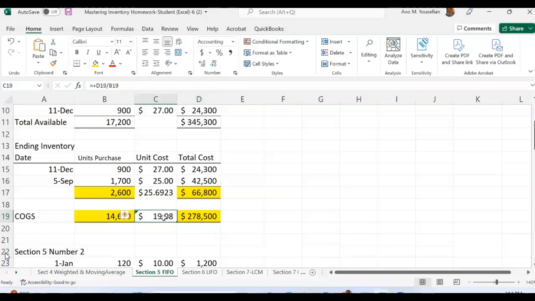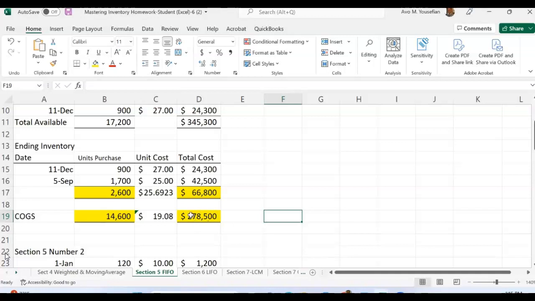You don't honestly need to know the average of that. Doesn't matter. Who cares? So you can easily say, I don't care what this is. But what is the cost of goods sold? Bottom line, the cost of goods sold is 278,500.